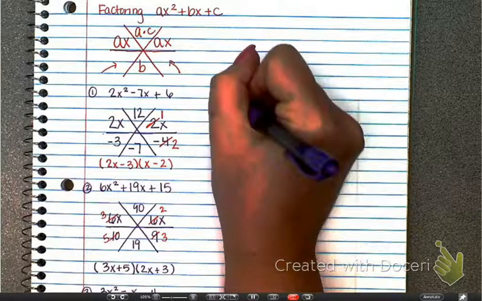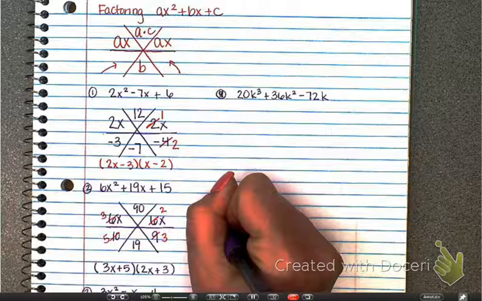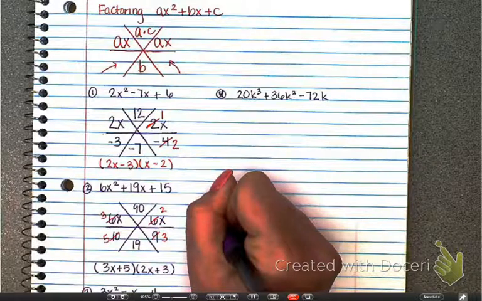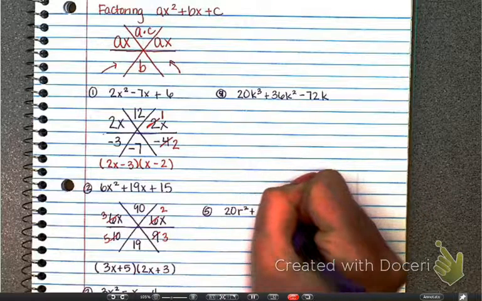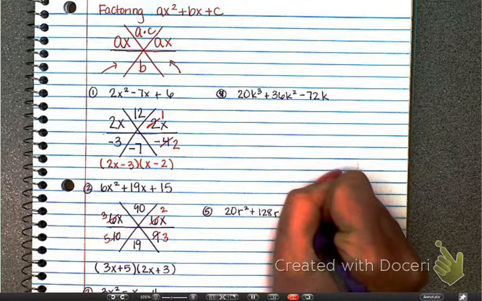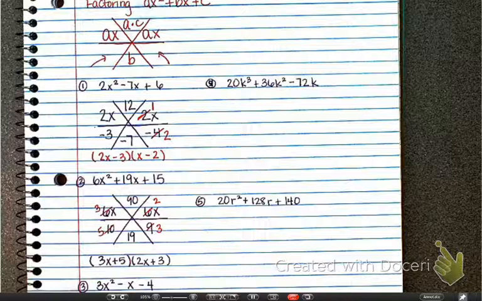Number 4. And 120r squared plus 128r plus 140. Okay, so take a second and see if you can complete both of those. If you need to use your group, that's fine.